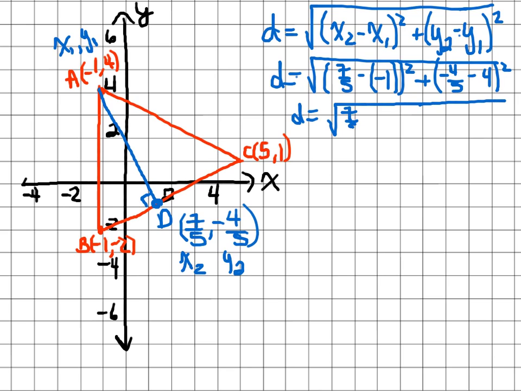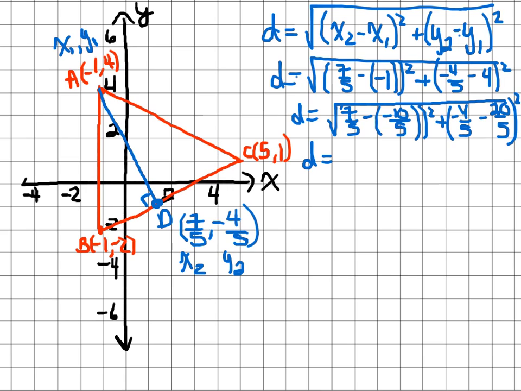So 7 over 5 minus 10 over 5 all squared, plus minus 4 over 5 minus 20 over 5 all squared.